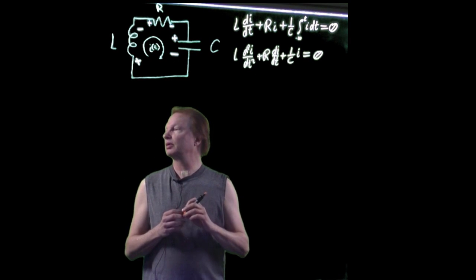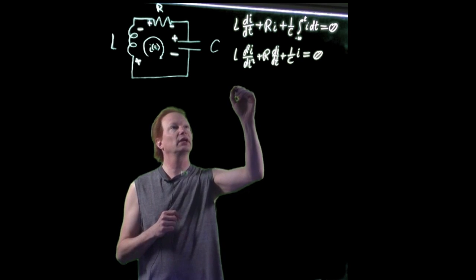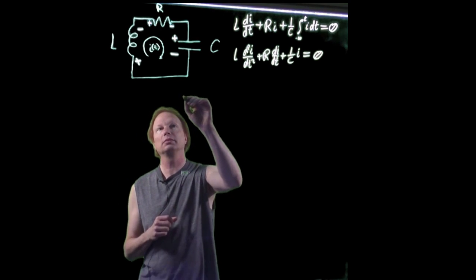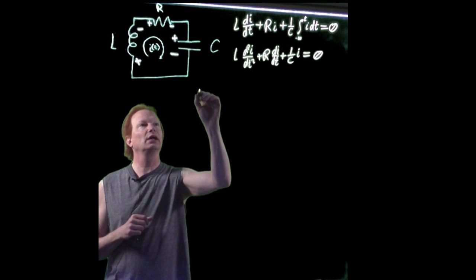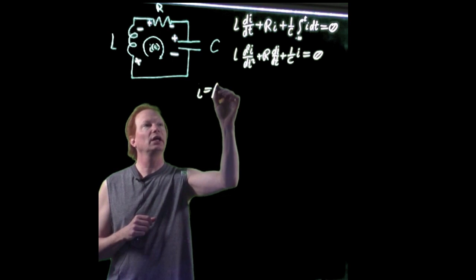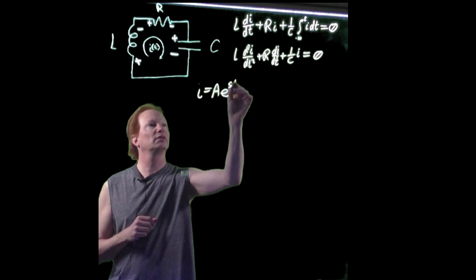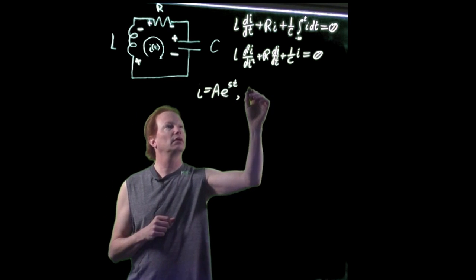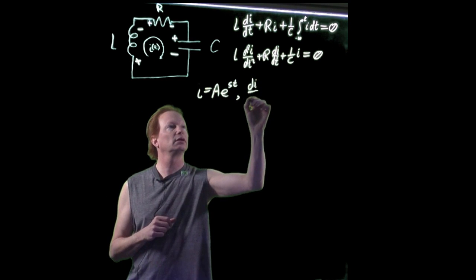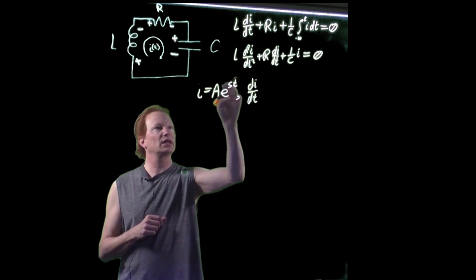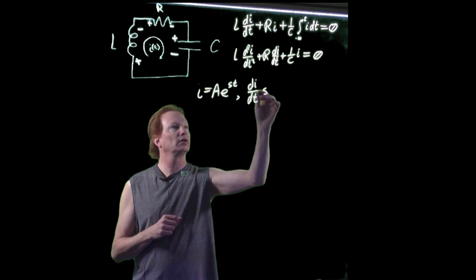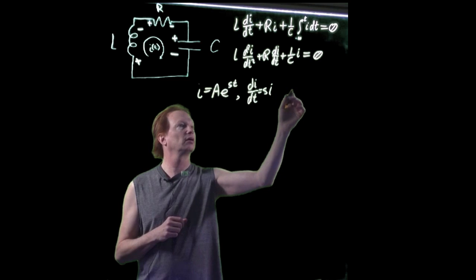Now we can assume that i equals A e to the st. Then di/dt, when you take the derivative, the s comes out, so it equals s times i.